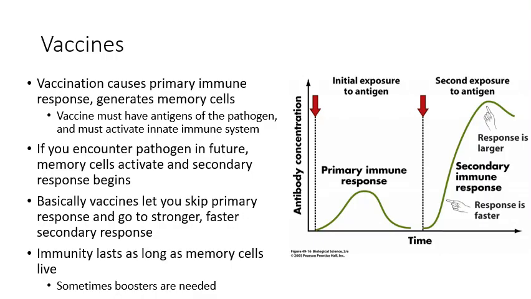Then when you get the vaccine, you go through a primary adaptive immune response. You generate memory cells that remember that antigen that was in the vaccine. And then if you see the pathogen that normally has the antigen in real life, you already have memory cells for the antigen. So you get to have a very strong, fast secondary immune response.